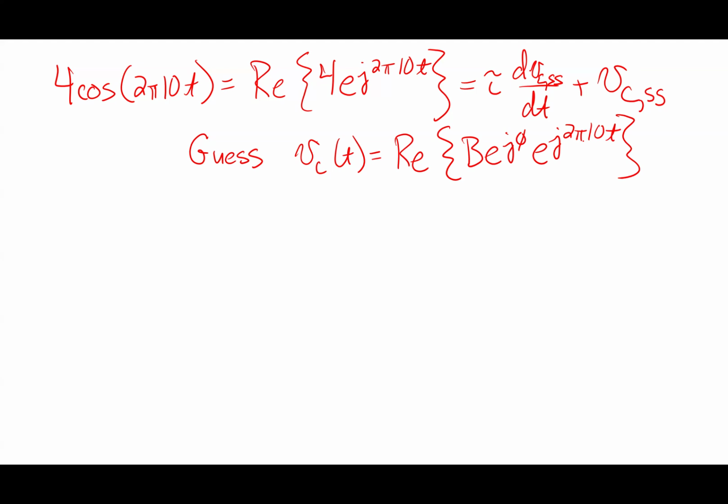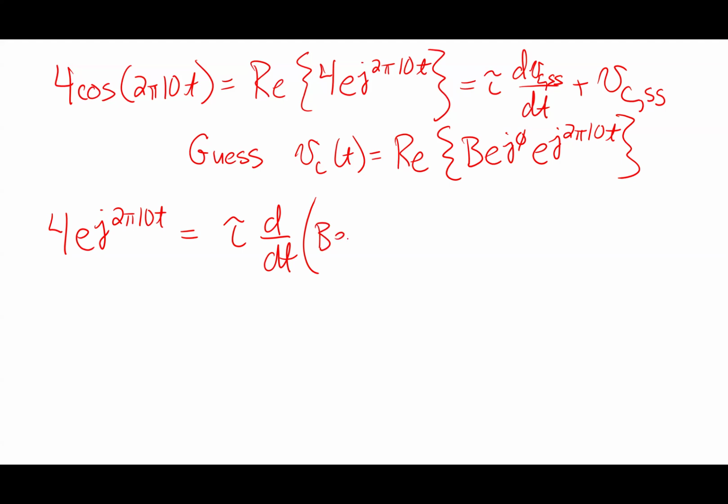Well, what I do is I plug that in as my guess. And the thing we said is if I do this right, the time-dependent parts all disappear. So what I end up doing is I do this just in the dynamic phasor domain. I say 4 e to the j 2 pi 10t is equal to tau d by dt of my guess here.